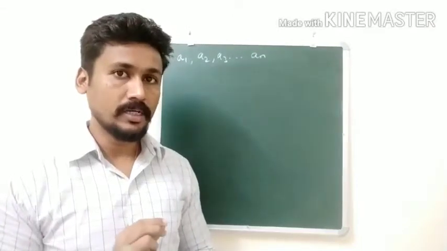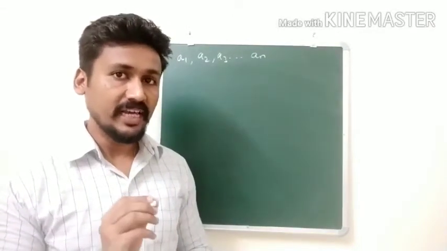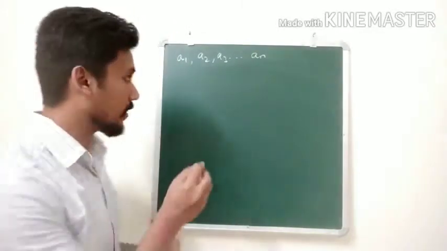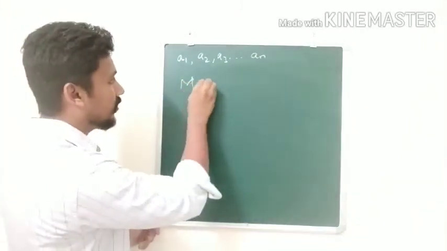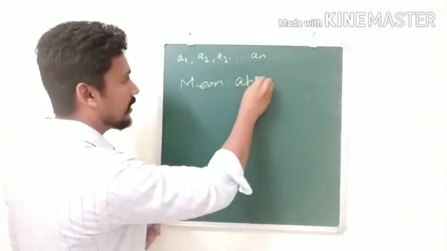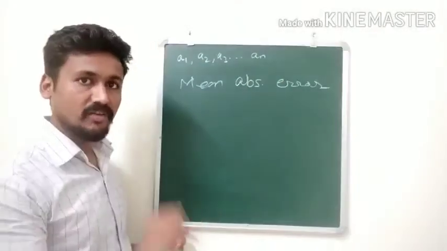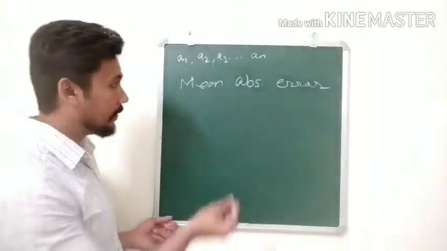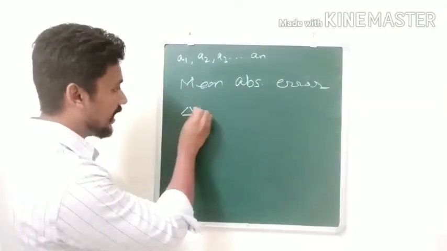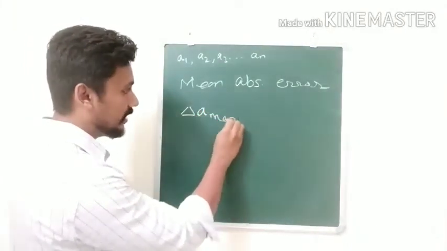After we have found the absolute errors, we can find the mean absolute error. What is the meaning of mean absolute error? Mean absolute error is nothing but the average of all the absolute errors. That is denoted by delta A mean.